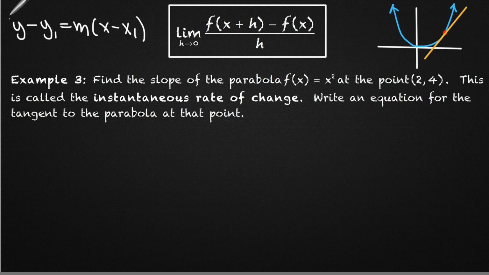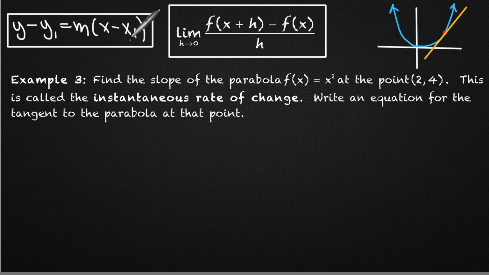Make sure you have this memorized, because you're going to be doing it all year long. So all we need in order to use point-slope is 1 point, which we have, 2, 4, and the slope of that line, which we will get by using this equation right here. This is the equation for your slope. So let's go ahead and do that.